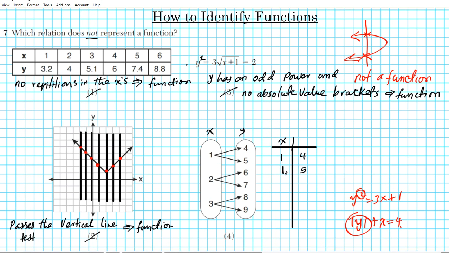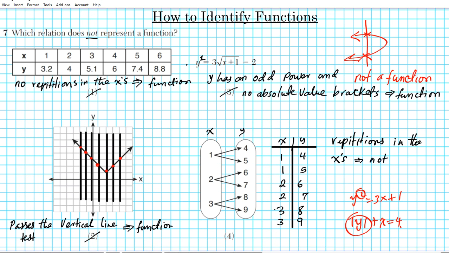That's already a problem. Why is it a problem? Because we have repetition in the x's. And then 2 goes to 6, 2 goes to 7. That's another problem. 3 goes to 8, and 3 goes to 9. Ladies and gentlemen, this is not a function, okay? We have repetitions in the x's, in the inputs, so that means it's not a function.